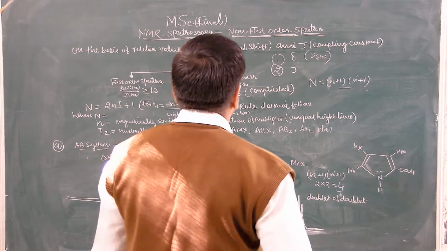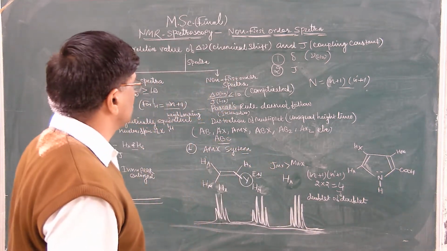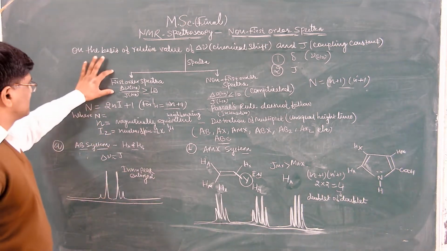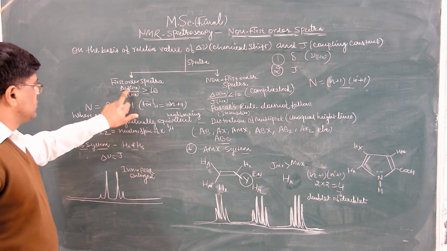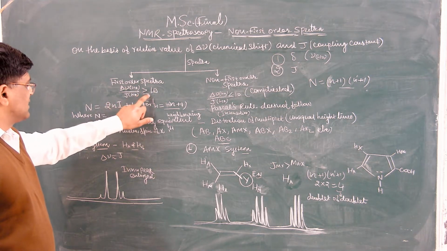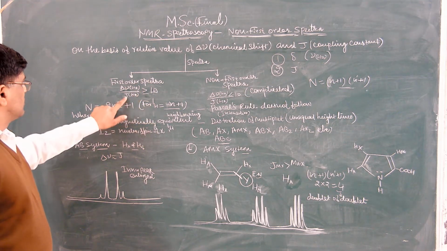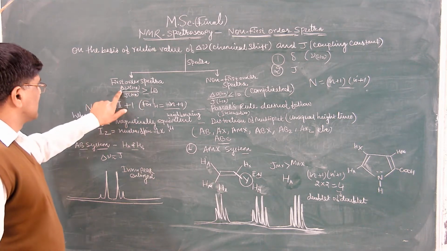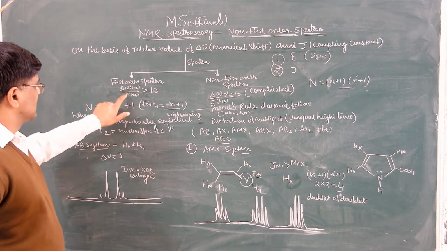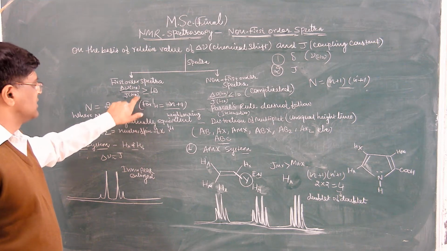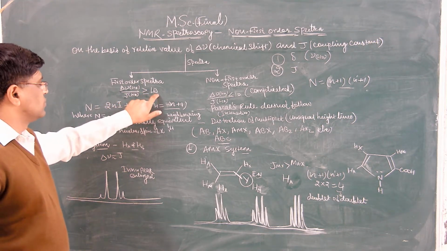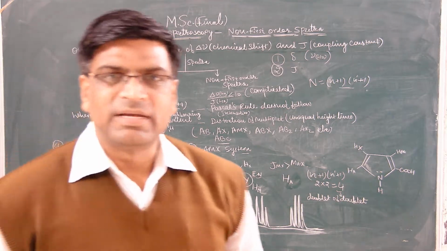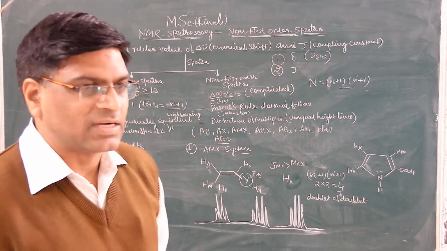In today's video session we are going to discuss that when in NMR spectra the delta nu value is greater than or equal to, in other words the ratio of delta nu in hertz and coupling constant in hertz is greater than or equal to 10, then this type of spectra will be called first order spectra.